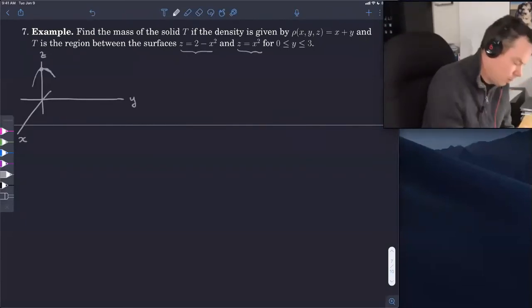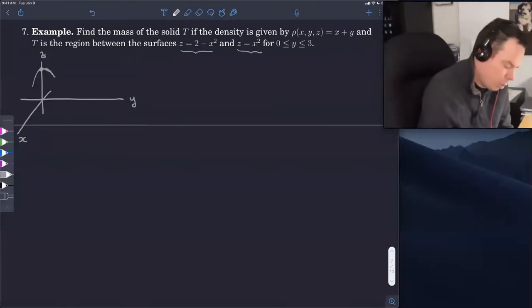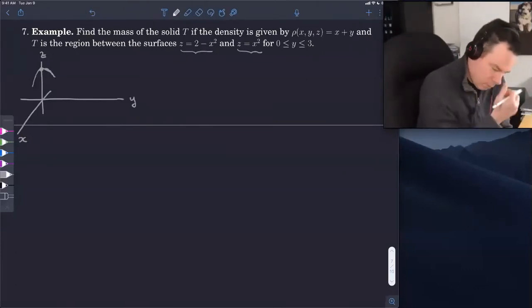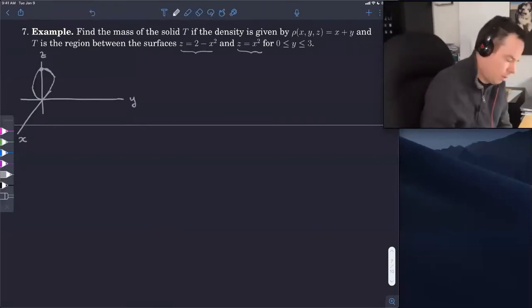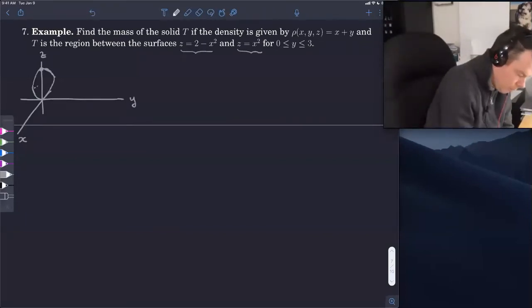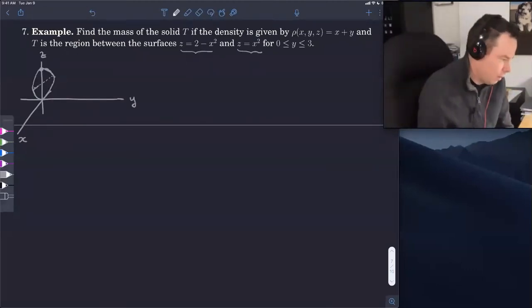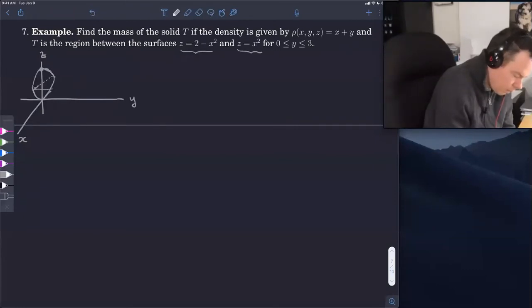It's a parabola that's opening down. And we've got another parabola, z equals x squared. So that's a parabola that's opening up. And they're going to meet somewhere in the middle. So we've got one parabola opening down, one parabola opening up, and they're going to meet somewhere in the middle, something like that. And that's going to be translated along the y direction.